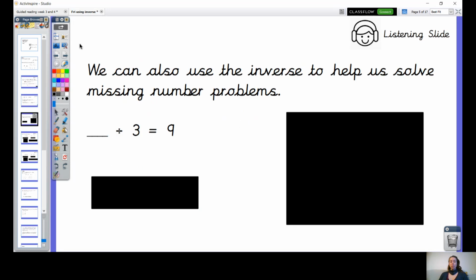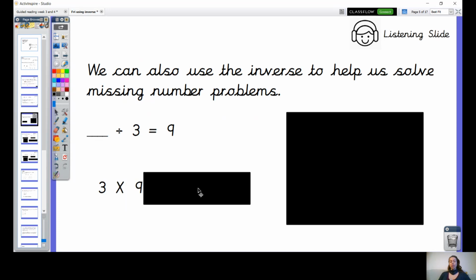Another listening slide. Pop your pencil down. Now, we can also use the inverse to help us solve missing number problems. So, for example, something divided by 3 is 9. Now, straight away, I can see a multiplication calculation that I can do that's going to get me that missing number.